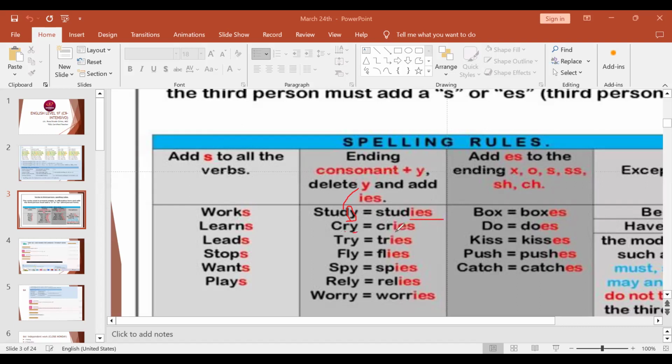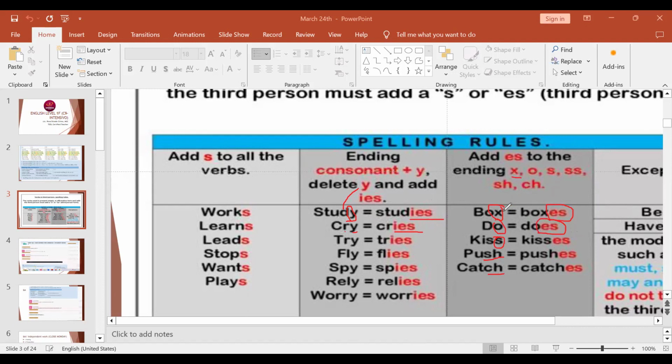Consonant and Y, we change to IES. Okay, this is the rule. What about the verbs that end in these letters? Okay, these sounds: the X sound, the O sound, the sh sound, and the ch sound. These sounds need to be added with ES.